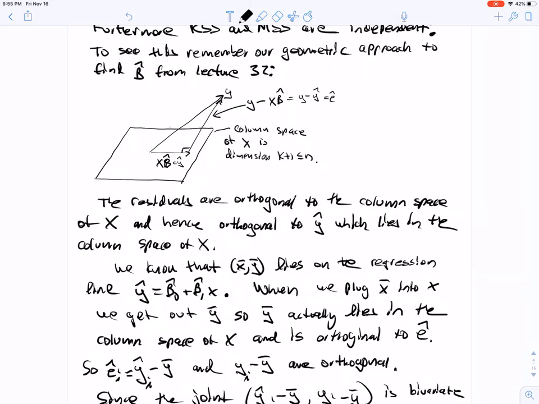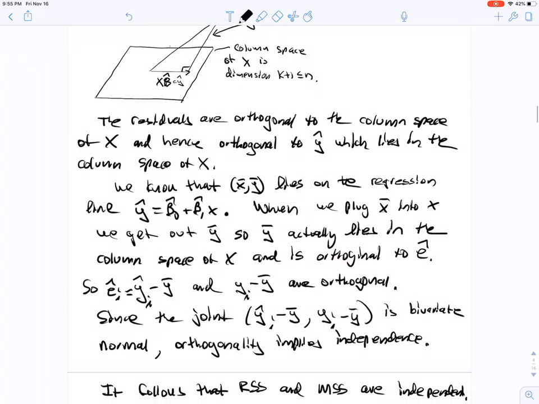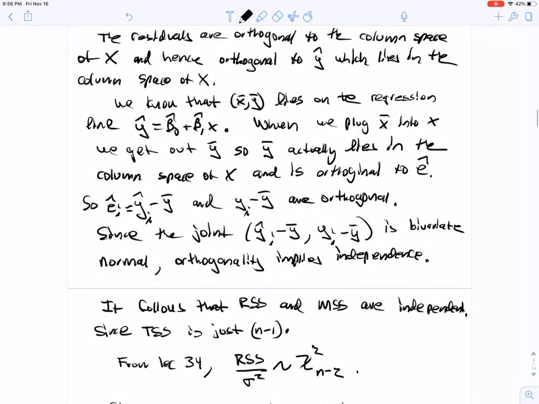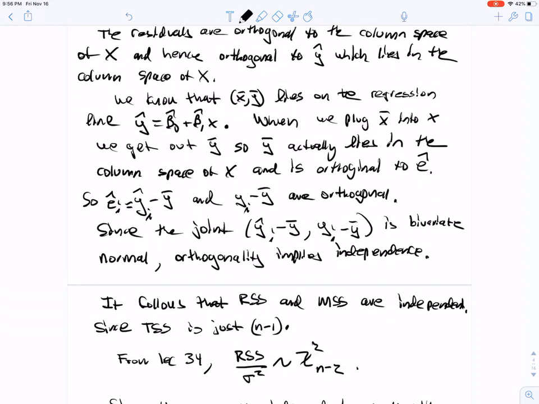So y bar actually lies in the column space of x, and it's orthogonal to the residual. So the residual and yi minus the average are orthogonal. Now, since the joint is bivariate normal, orthogonality implies independence. So it follows that RSS and MSS are independent.